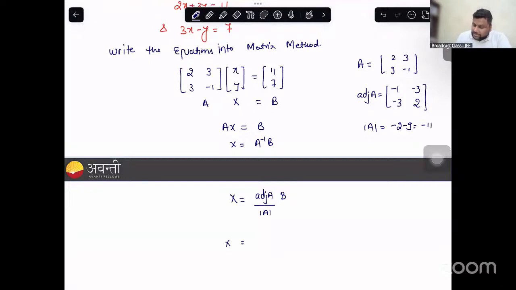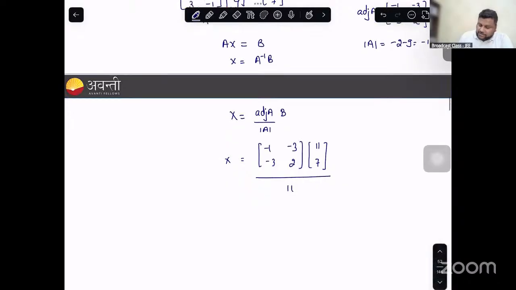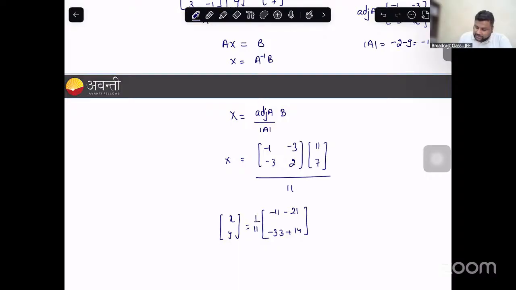So your X came out to be [-1, -3; -3, 2] multiplied by B, that is [11; 7], divided by determinant of A, that is minus 11. Your X was [x; y]. Execute this product. First row, first column: minus 11, minus 21, and then minus 33 plus 14. Am I correct?